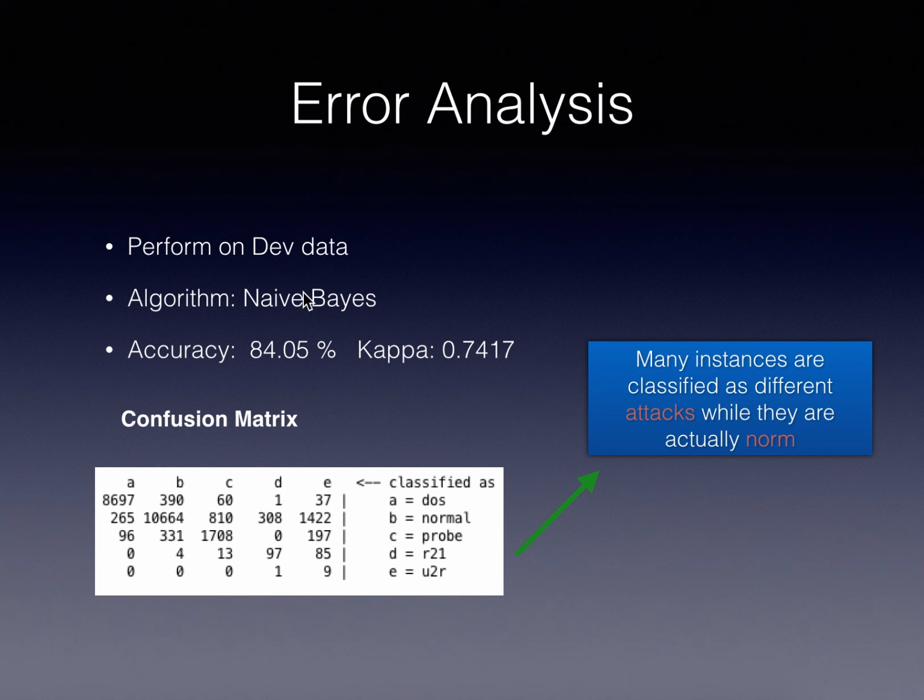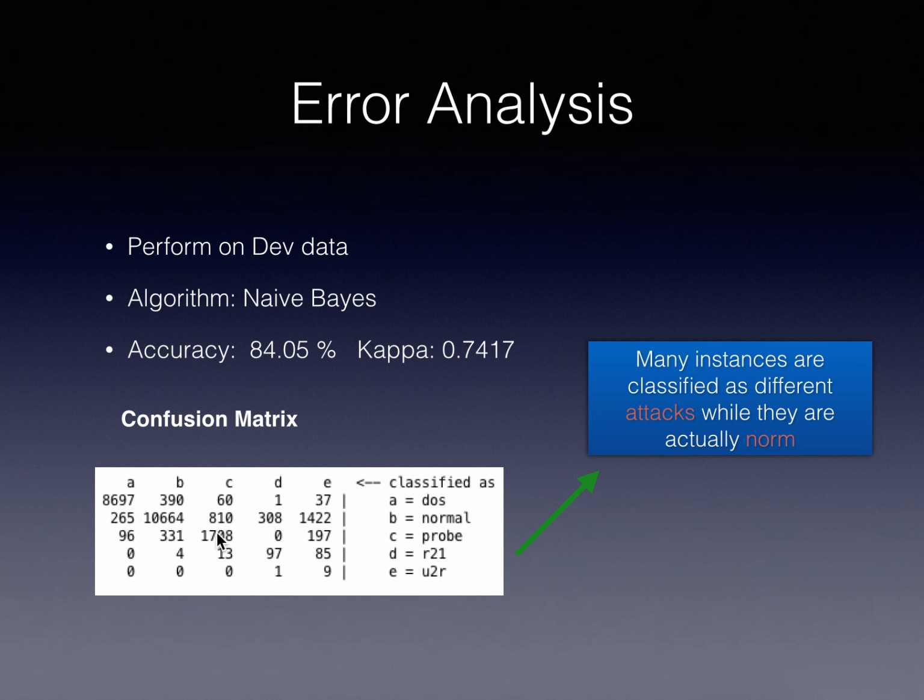And if we perform naive Bayes on the development data, we get an accuracy of 84% and a kappa of 0.7, and we can see the confusion matrix here. And we do error analysis on this confusion matrix.